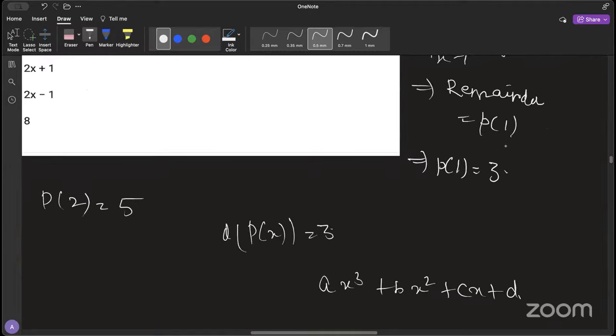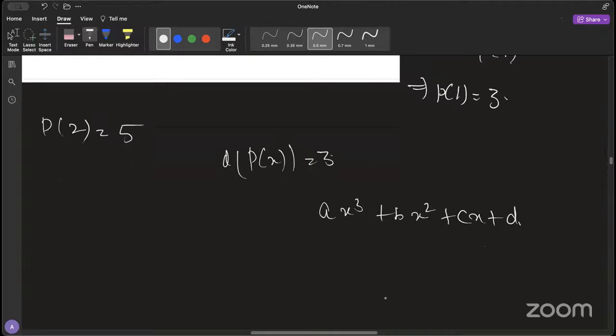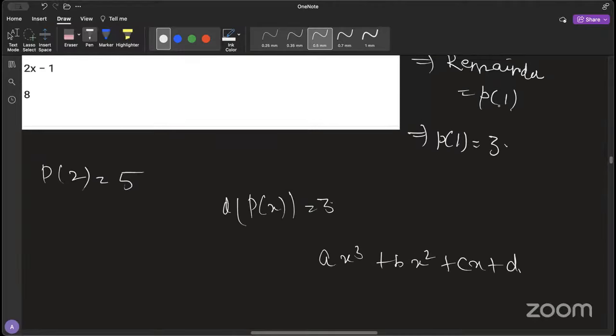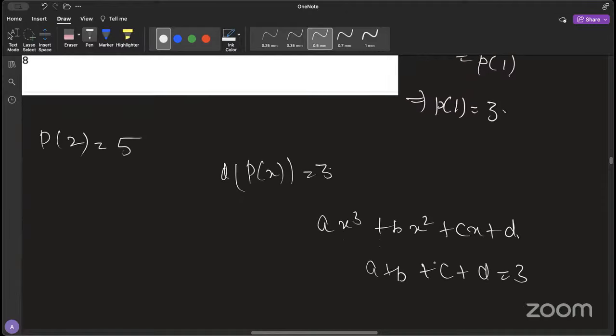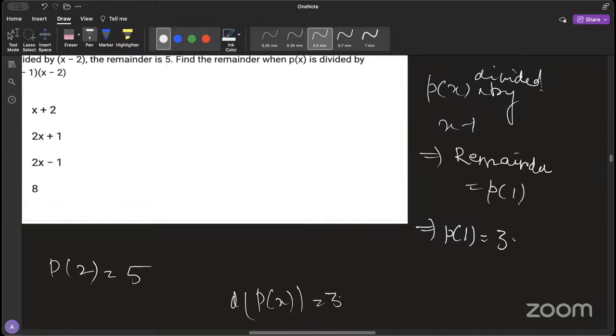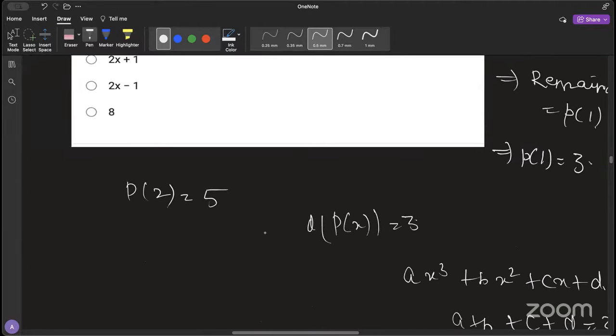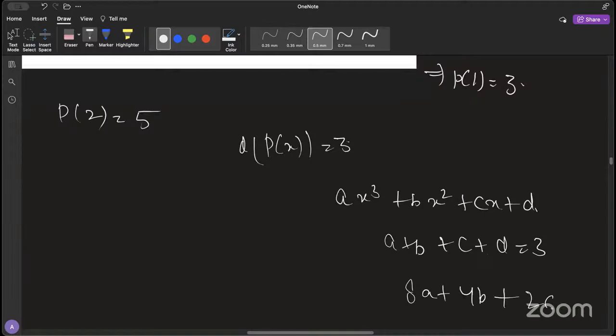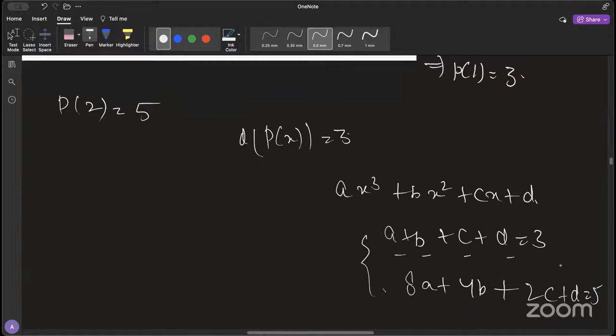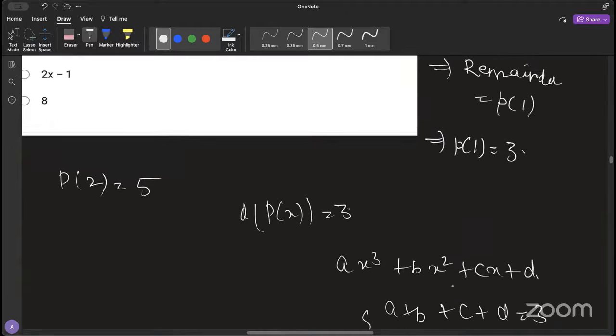If you substitute 1, you'll have a plus b plus c plus d equals 3. That's also incomplete information, by the way. And if you substitute 2, you'll have 8a plus 4b plus 2c plus d equals 5. There are 4 variables with only 2 equations, so it's not feasible for you to find all of these.